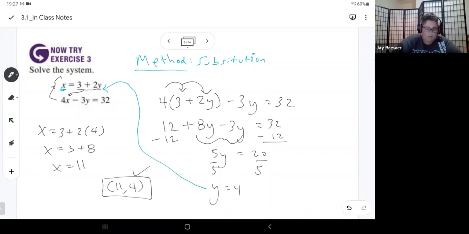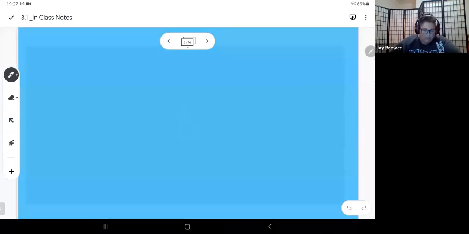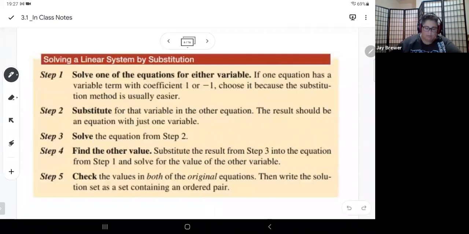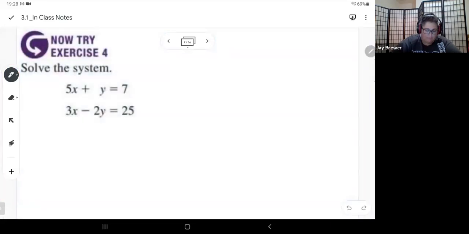All right, so this next one, here we got some steps for you. It's okay if you want to write this down later, or if you just want to refer to it from the PDF, however you want to do it. So here's what's nice: look at what we have for the y. The y has a coefficient of 1, and the only thing is that it's not by itself.